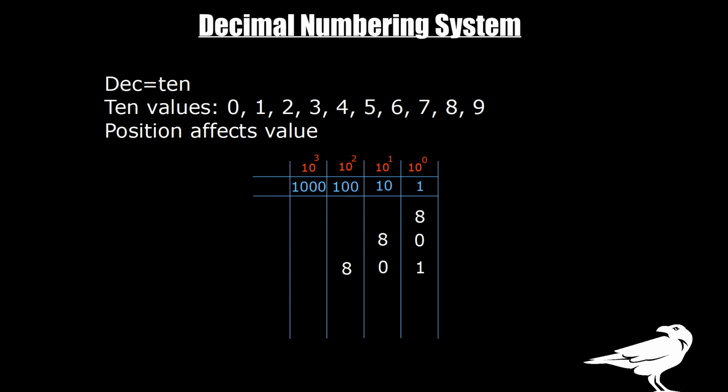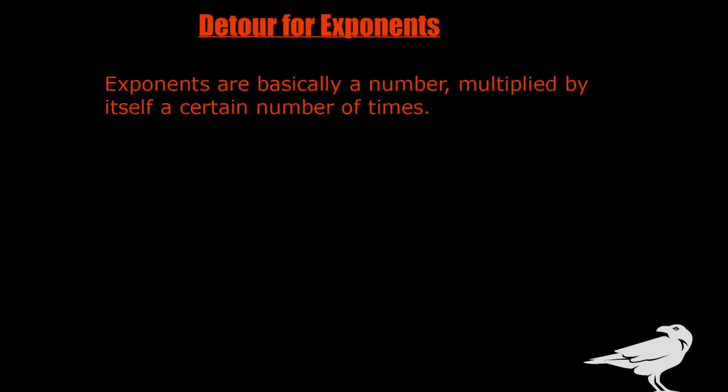I just want to take a minor detour just for those people that didn't take maths all the way through to their final year of school, or might have taken a different type of maths. There are people like that, and this shouldn't be a barrier to entry in IT. So a quick detour for the exponents.